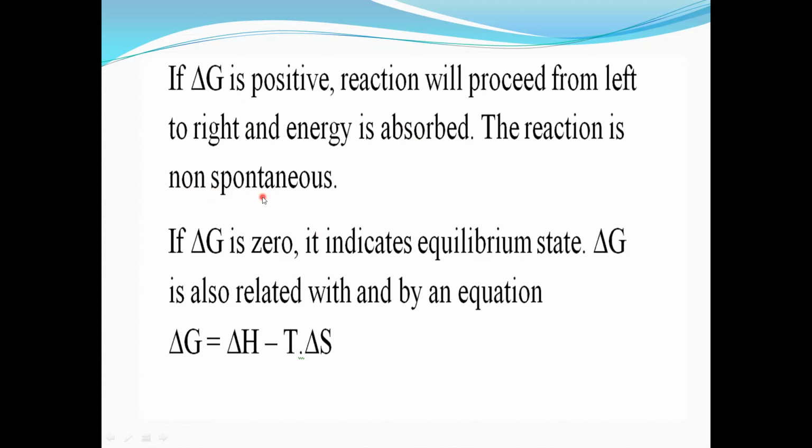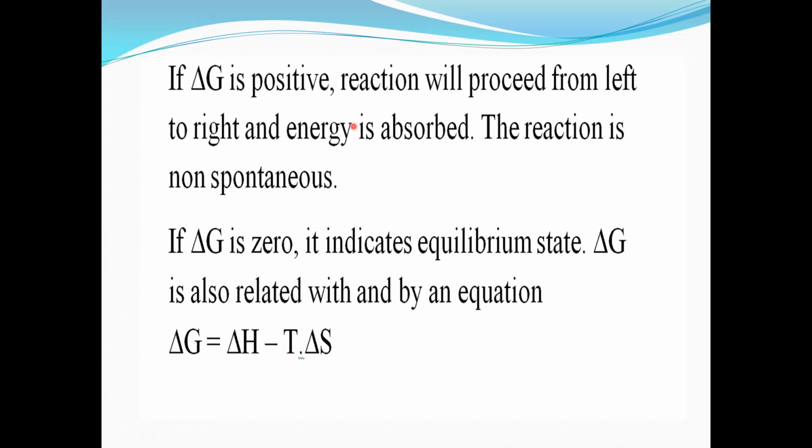If delta G is 0, it indicates equilibrium state. Remember that. If delta G is negative, the reaction will proceed from left to right, energy is emitted and reaction is spontaneous.